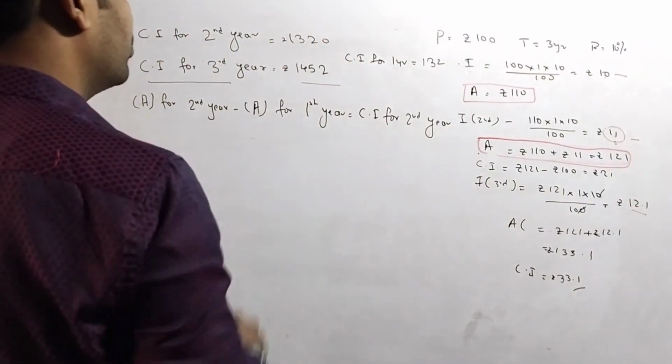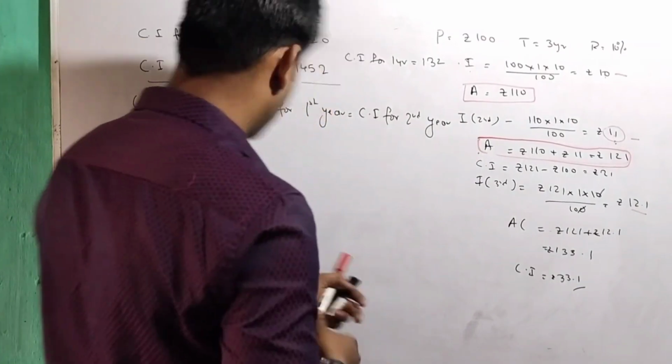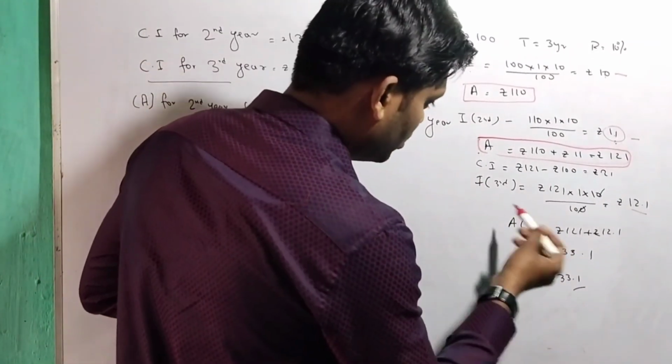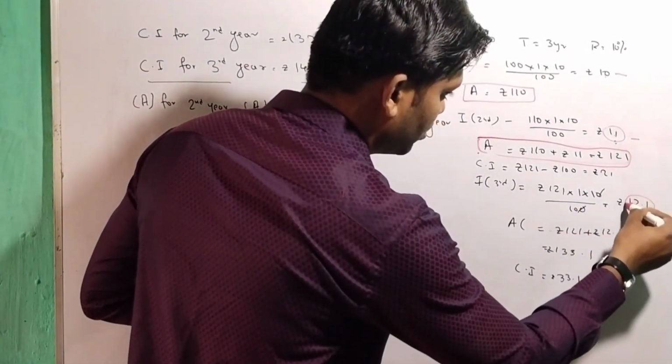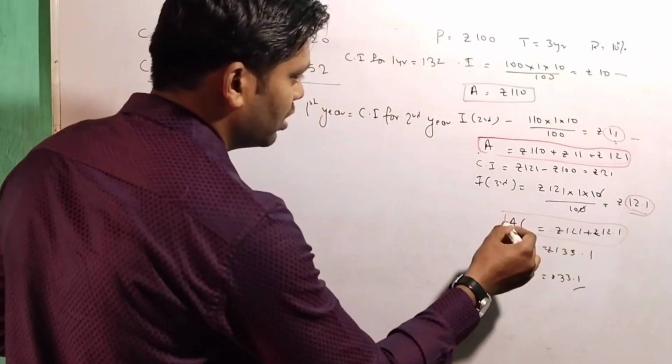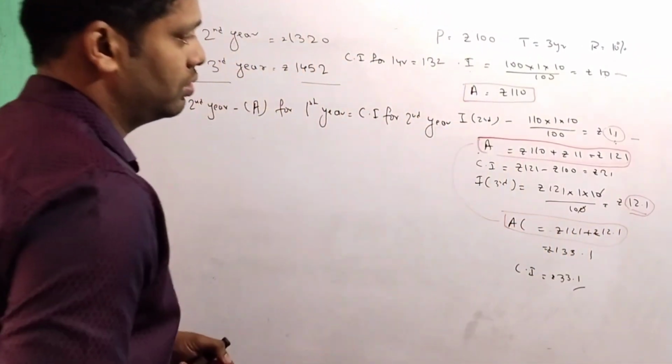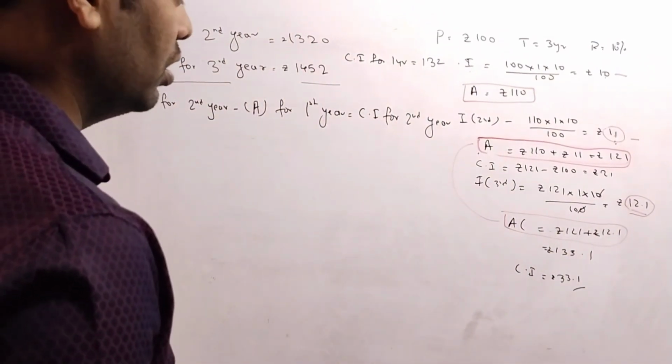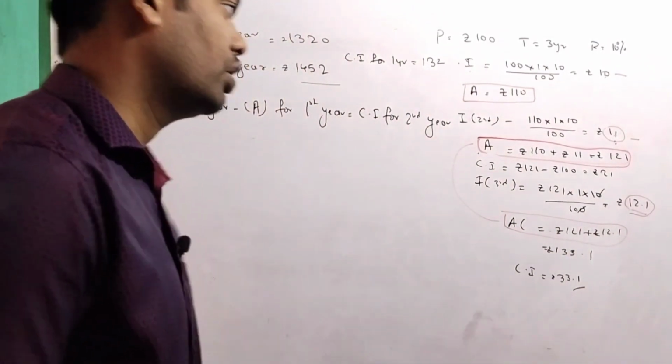Sir, we can use this also for the third year: amount for the third year minus amount for the second year. You can do it like that also.